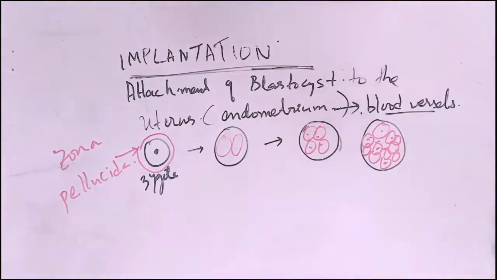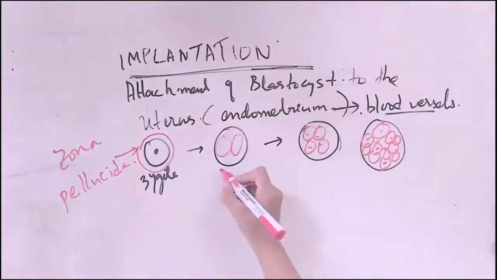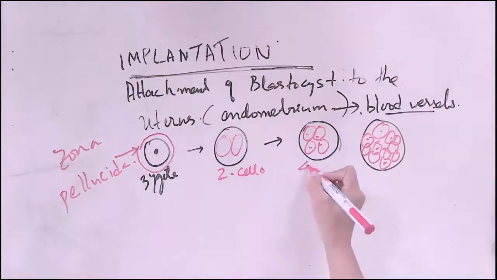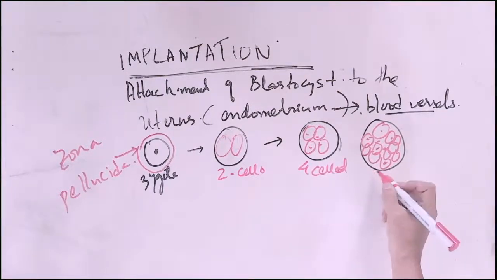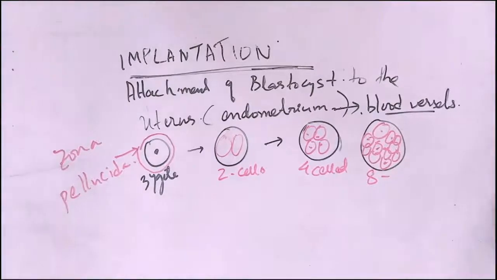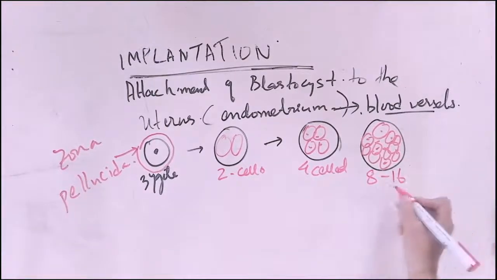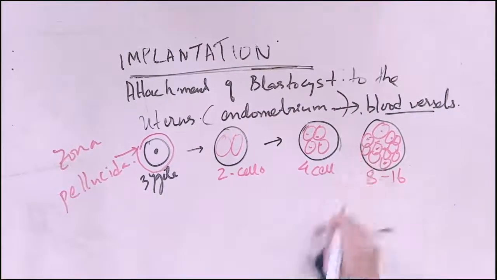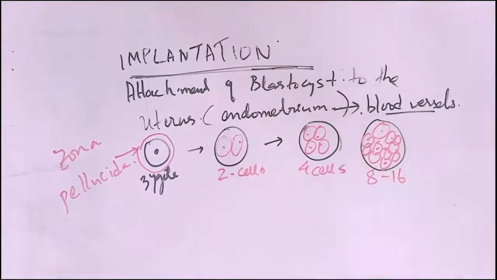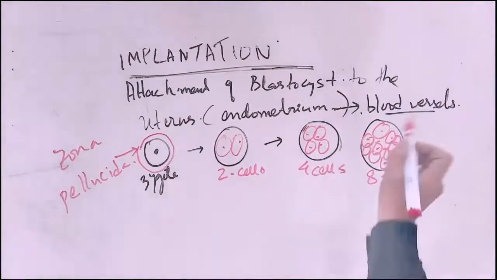So simple, after implantation the zygote will keep on dividing multiple times to form 2 cells, 4 cells, then 8 to 16 cells.